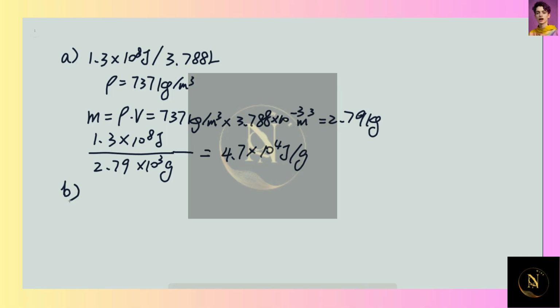For part B, which says during fission, a nucleus has about 200 MeV. So we want to express it in terms of also joule per gram. So let's first look at how many atoms there are in each gram. In each gram, we have 1.00 times 10 to the negative 3 kilogram.